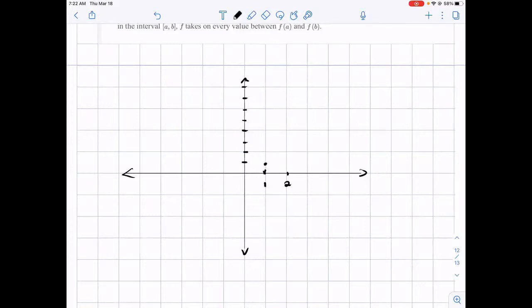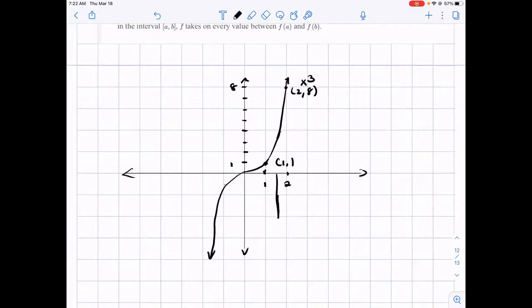Here is the point 2, 8, and my graph would look like this, and the same thing on this side. If this is x cubed, this here is the point 1, 1 and this here is the point 2, 8.